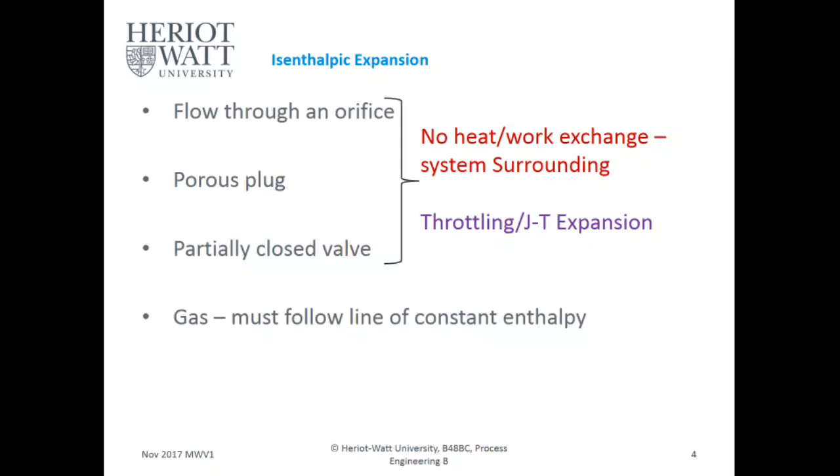So the gas must follow a line of constant enthalpy throughout this whole pipe, as long as there are no major changes in the way the pipe is structured, so no elbows or things like that. And the throttling is almost always isenthalpic in this case.